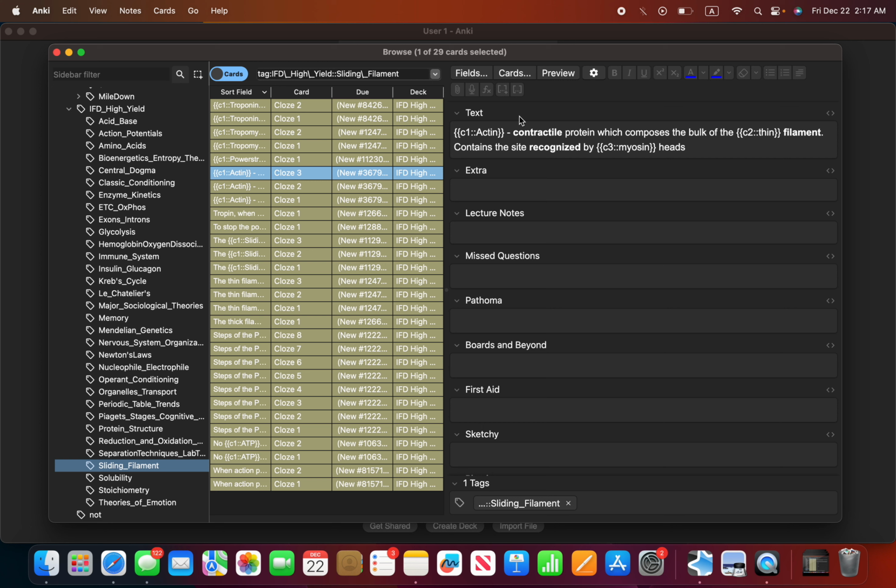It means that it is contracting, and this composes the bulk of the thin filament. Actin is actin, and the bulk of the thin filament is actin, and it contains the site recognized by myosin heads. That's where the myosin head and actin interaction takes place, right?